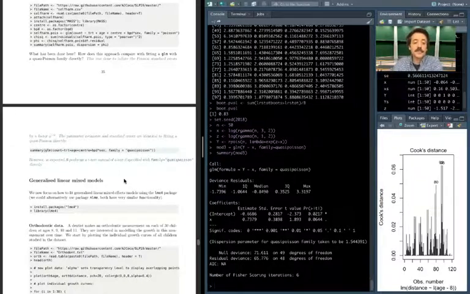Well, it's simply because when we have the Poisson family, there is no over-dispersion parameter. So in the standard errors, we don't need to normalize by anything, and so you get basically the usual asymptotic normality of the parameter estimates.